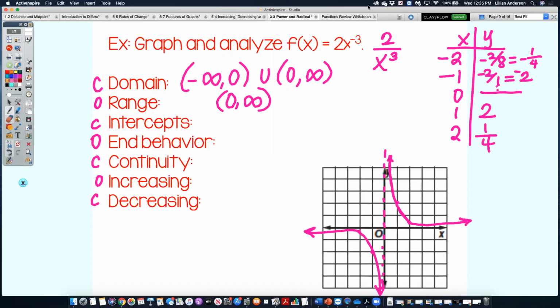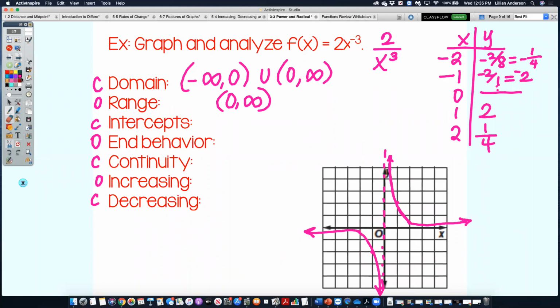So 0 to infinity would give me this part right here. But what about that other pink part? I need another piece. Jada, what am I missing?